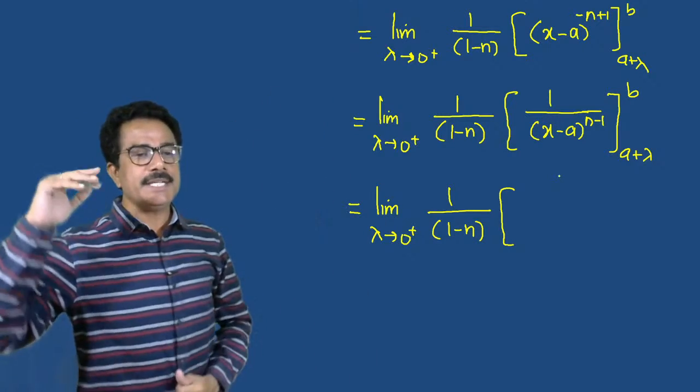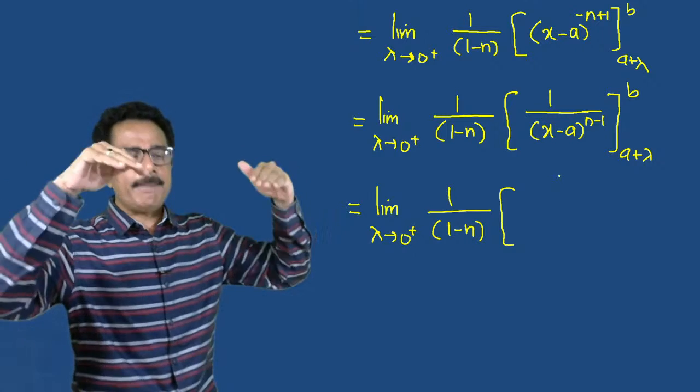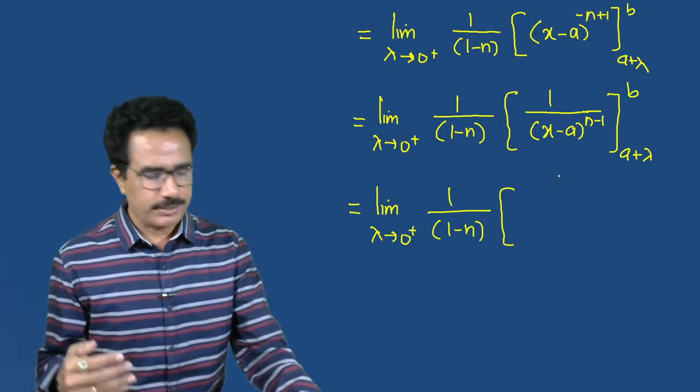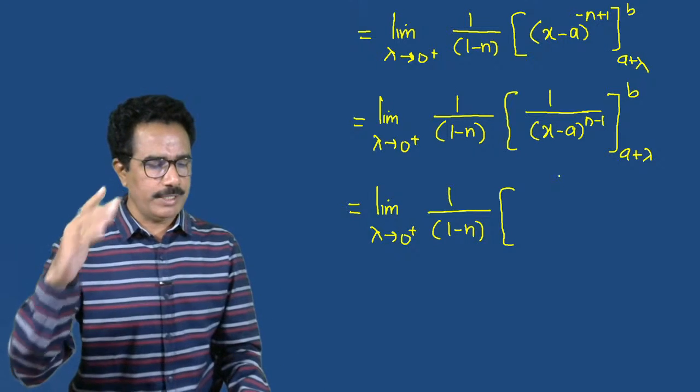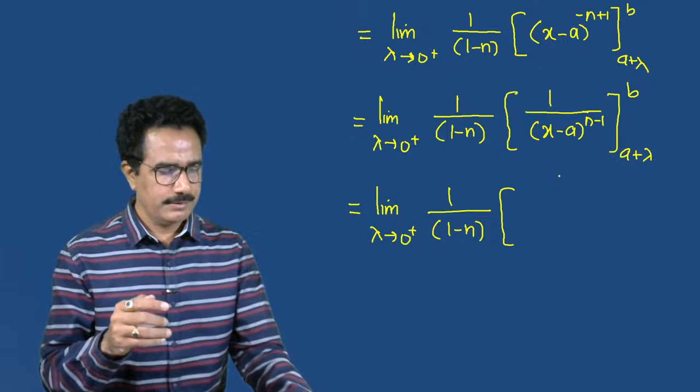The upper limit is b. Lower limit is a plus lambda. Now put the upper limit first and the lower limit second. Now you tell me the upper limit. Put the upper limit, then what will happen?